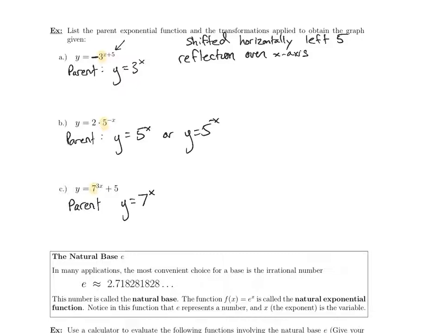Now, if we take a look at part B, it really depends on which one you're looking at. If you use this, then we have simply multiplying by 4, so it's a vertical stretch. Oh, I'm talking about the wrong one. Hang on. Let's come back over here. This is the one I mean.